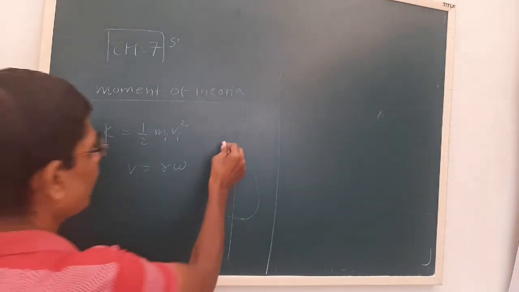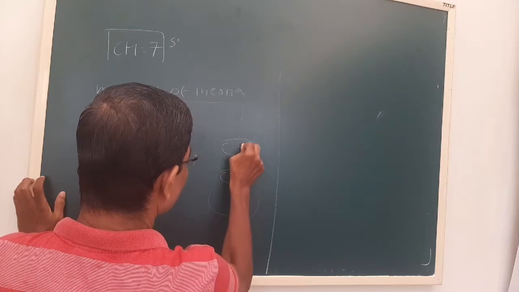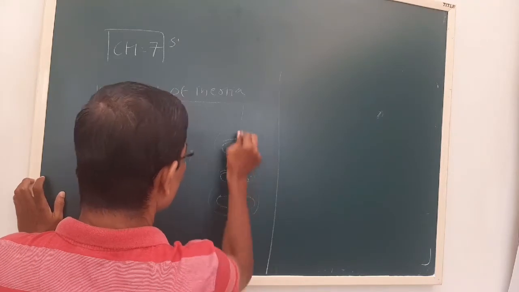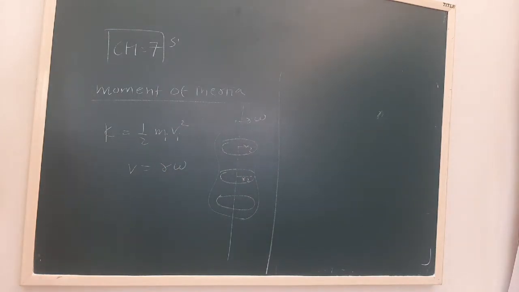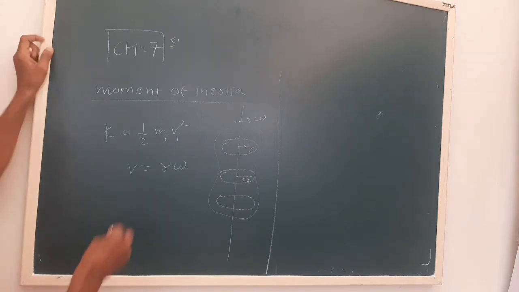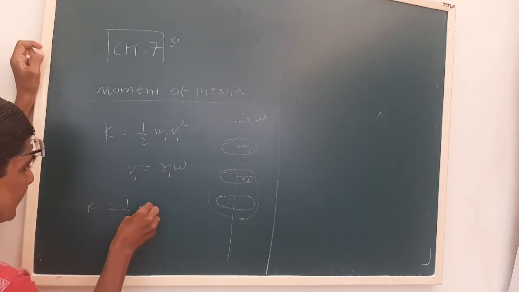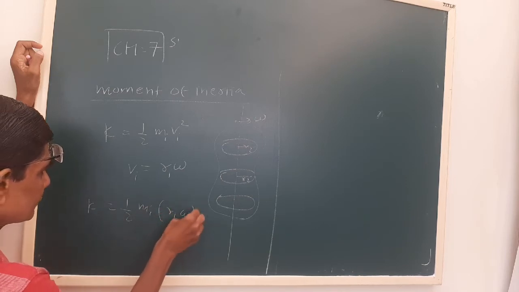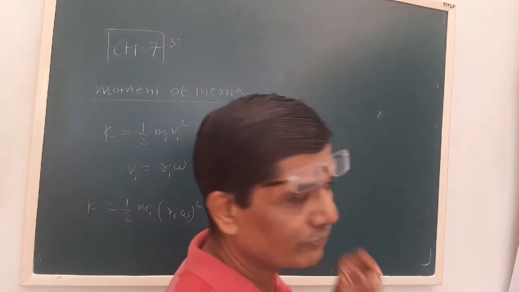See, the perpendicular distances of the system of particles, let us say r1, r2, will be different, but for a body rotating about a fixed axis of rotation, omega will be the same. So here v_i we can write, and the kinetic energy is 1/2 m_i v_i square.